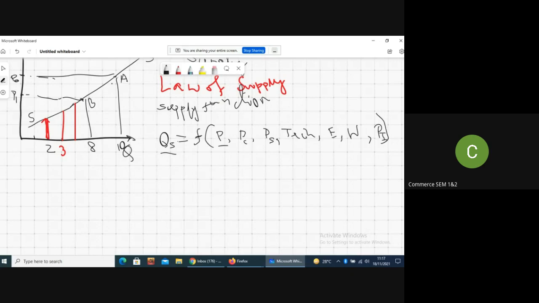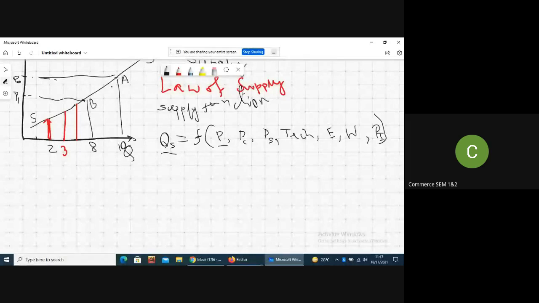So this is called movement along the supply curve or change in quantity supplied. Clear? So in this case, these other factors are remaining unchanged. The only thing changing is the price of the commodity.